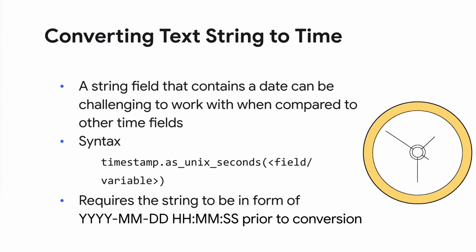This function does expect the string format of the date to be in the form year, month, day, hour, minute, second, or for those who watched our previous video on timestamp.getTimestamp, the format element of %f%t. However, once our string is in that format, we can use the function with the single argument of the field or variable and output an epoch time value that can then be used with other functions.